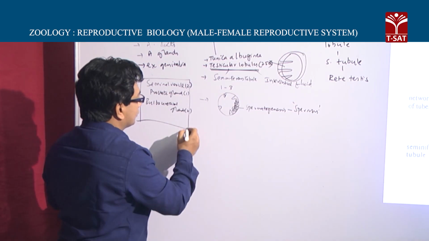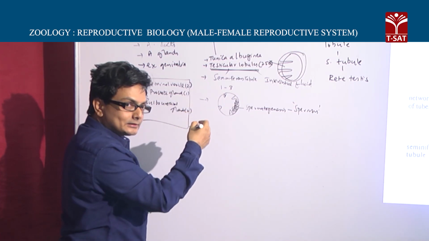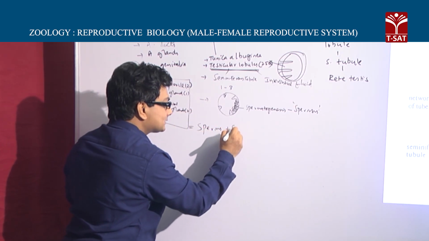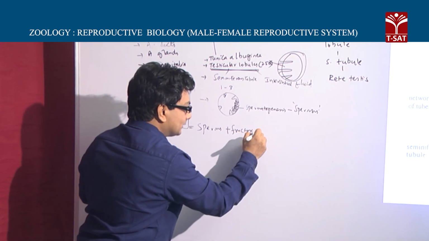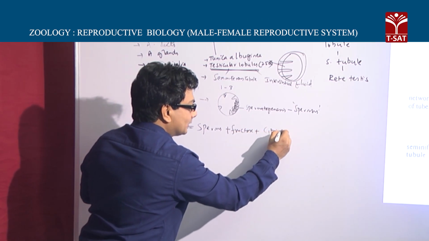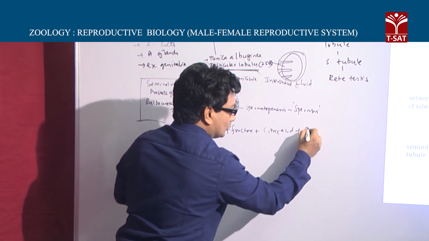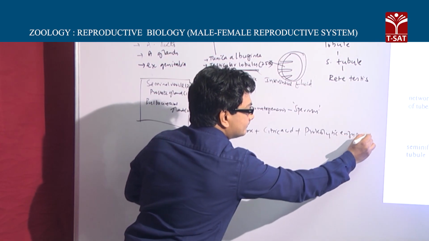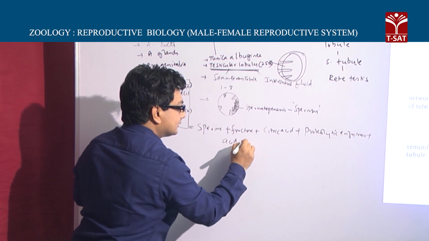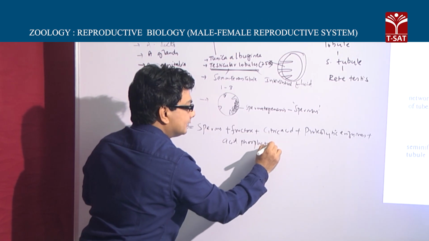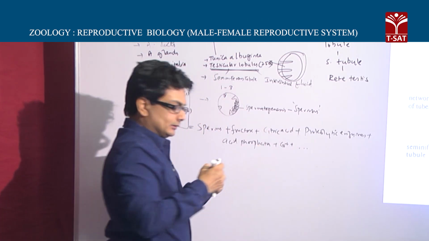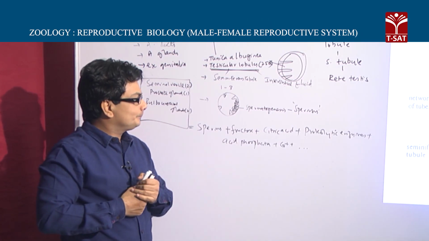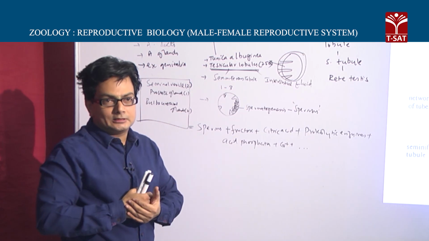That's why when you take the total composition of the glands and also the seminiferous tubules: sperms plus fructose plus citric acid plus proteolytic enzymes, acid phosphatases, and calcium, etc. So you can see it's a varied composition and it has too many things in it, and this is called the semen.